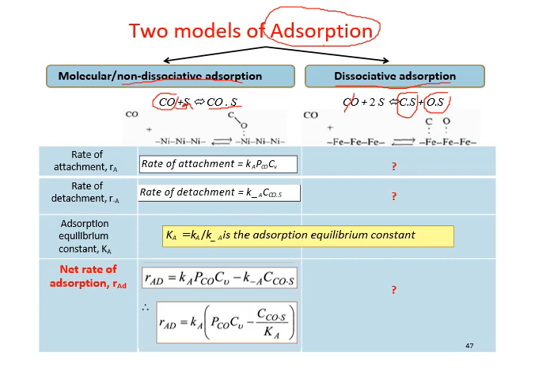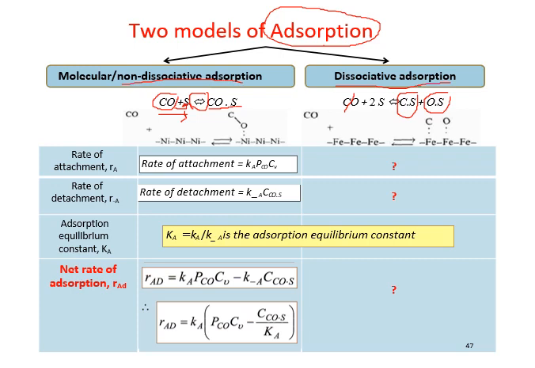Okay, based on this adsorption reaction, we can say it is possibly an equilibrium, reversible. So it begins with adsorption, which is attachment of carbon monoxide to a vacant site.